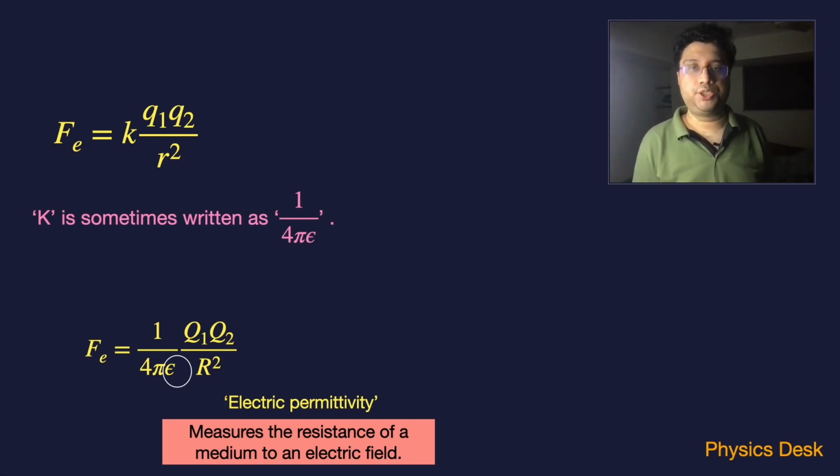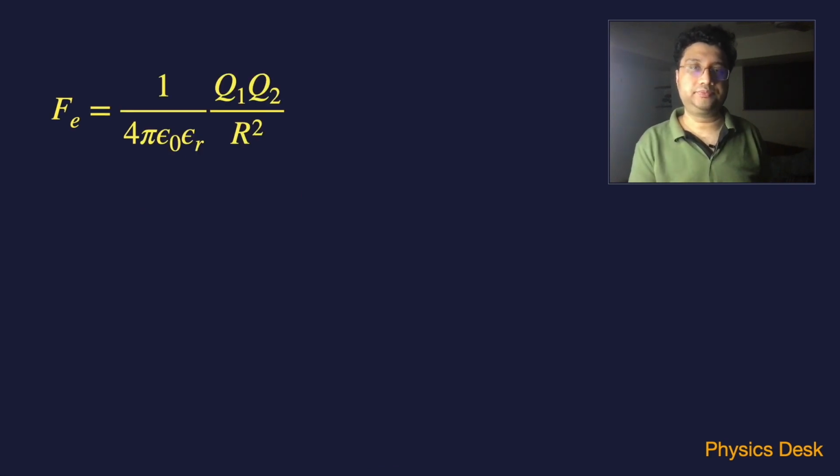A medium in general responds to an electric field by getting polarized, especially if it's a dielectric. That means it forms a collection of dipoles. These dipoles align in such a way that they try to neutralize the effect of the electric field coming from the charges placed in it. Therefore, the electric force between the charges gets weakened by a certain factor.